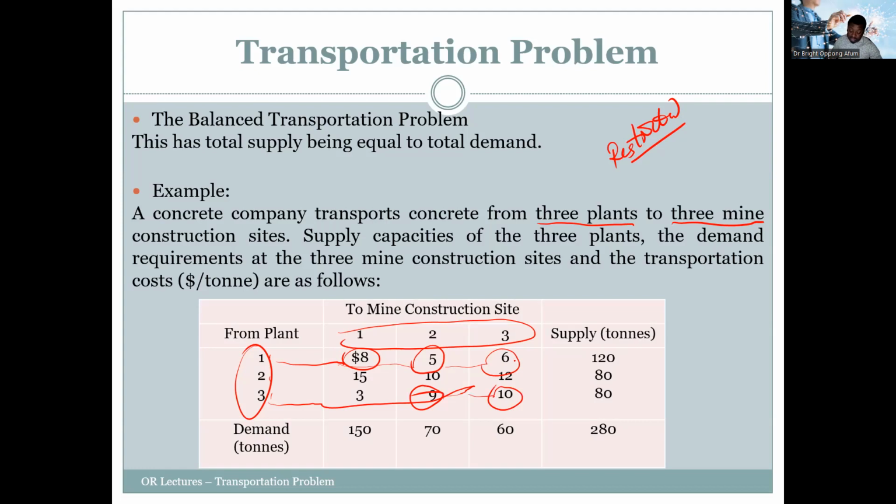So similarly, this is how it is, right? And the sources become the supply. So this is the amount available from each source, and this is the demand for each mine site. So when we say it's balanced, it means that the total supply is equal to the total demand. So that's why we say it is a balanced problem.